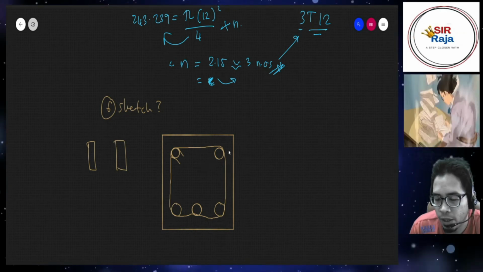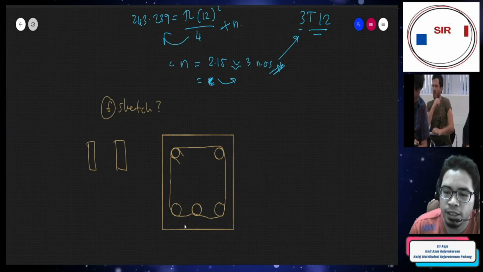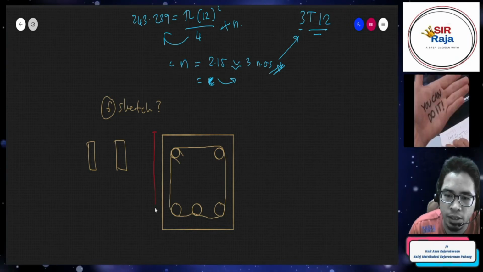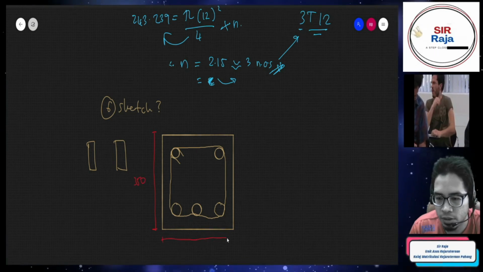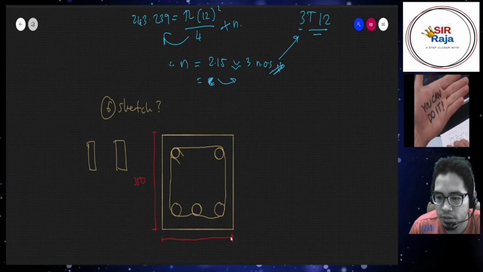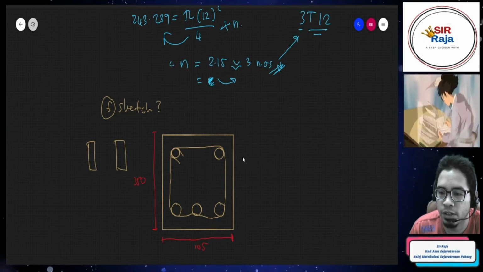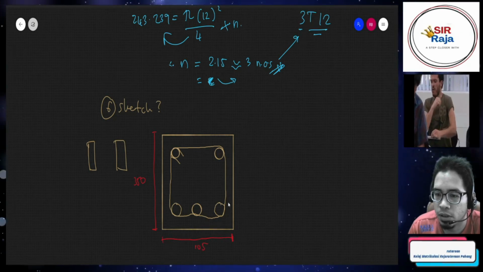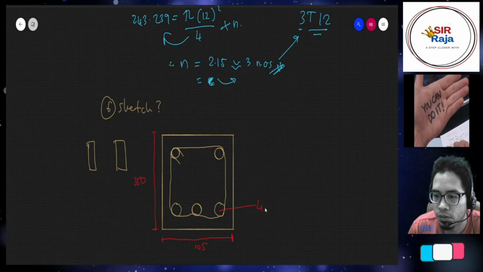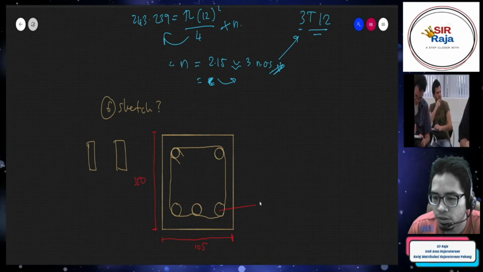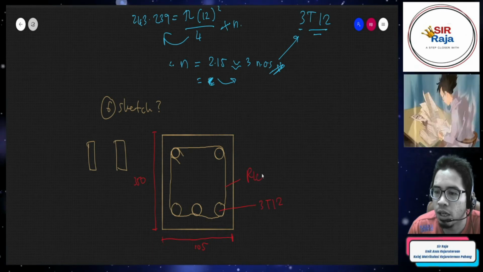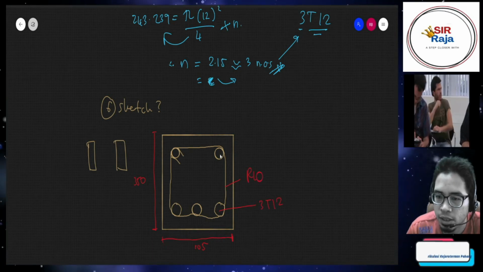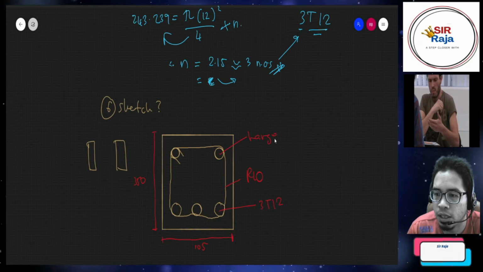Anyhow, and then we have all this, and then the labels. So label here: 350, 105. Sorry. 3T12, R10 for the links, hanger bars.